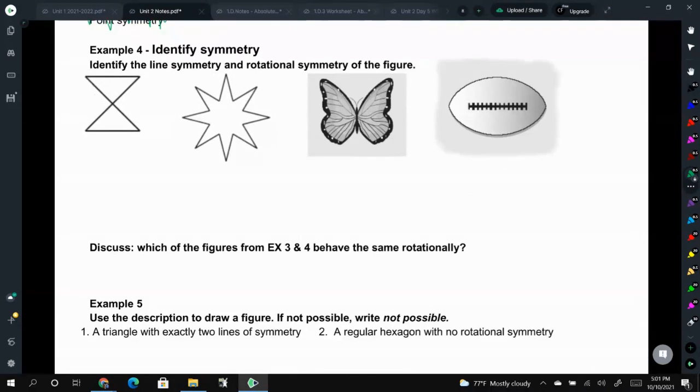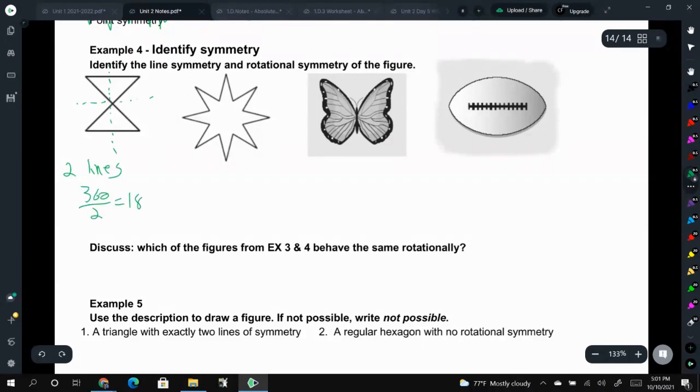Now identify line symmetry and rotational symmetry of these figures. In this one we can see that we have 1 line there and another line there. So there's 2 lines of symmetry. So then the rotational is 360 over 2 or 180 degrees like that one previously.